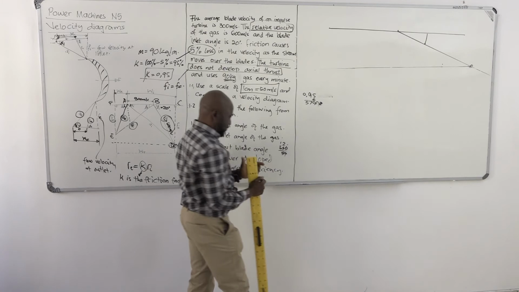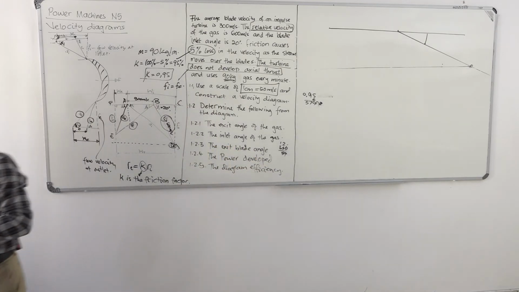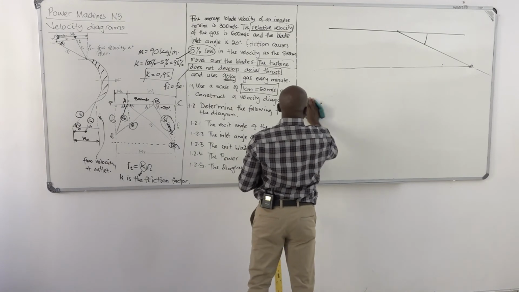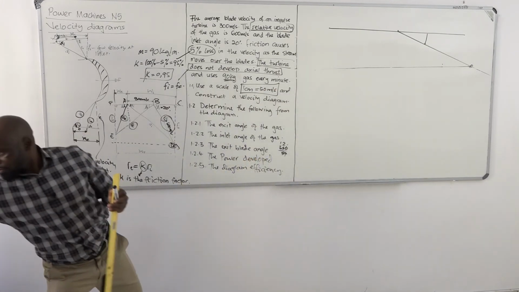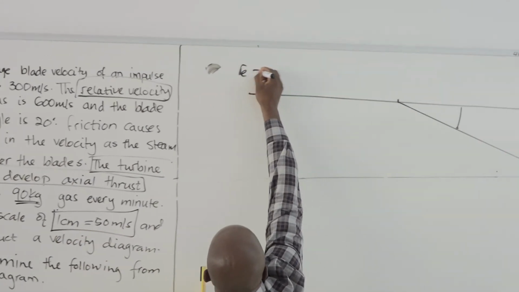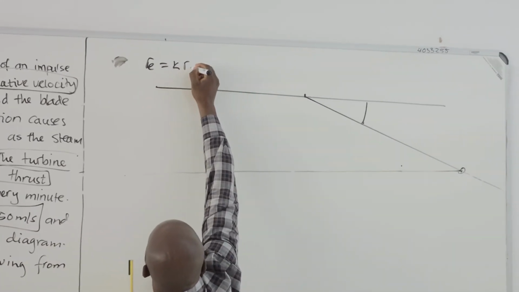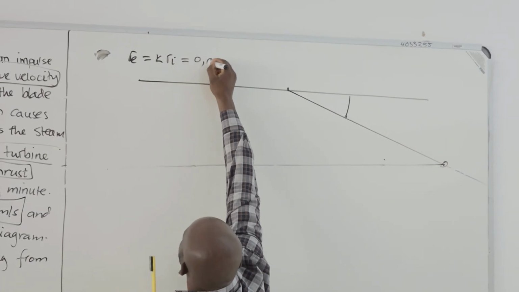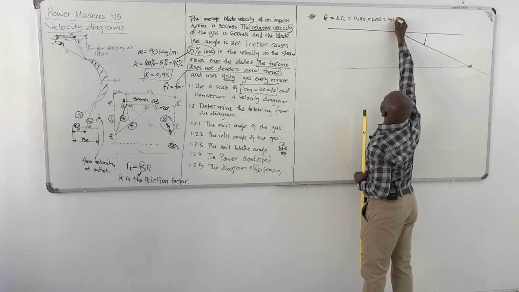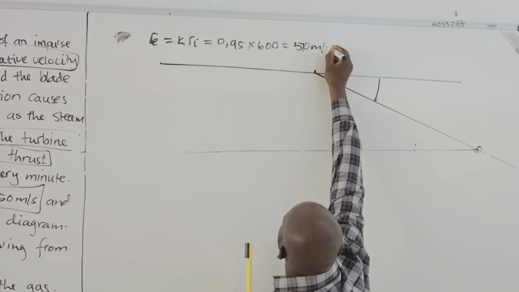And this is going to be 570 meters per second. Right? We're saying Re is equal to K Ri, which is going to be 0.95 times 600, which is going to be 570 meters per second.